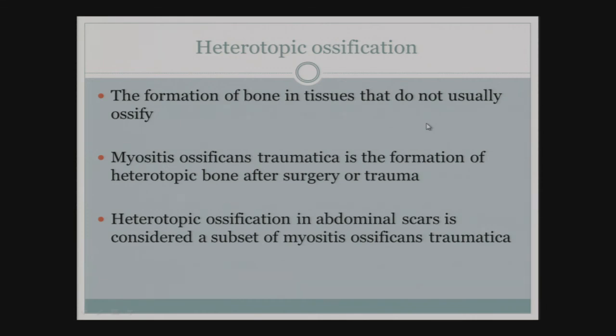So, heterotopic ossification is the formation of bone in tissues that do not normally ossify. Myositis ossificans traumatica is the formation of heterotopic bone after surgery or trauma, and heterotopic ossification in abdominal scars is considered a subset of this.